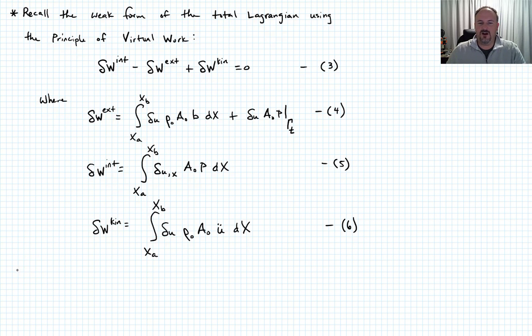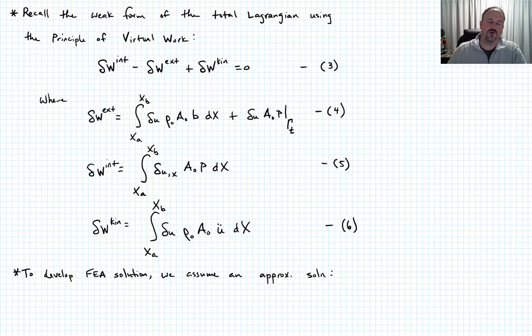So as we've done before, to develop the FEA solution, we're going to assume an approximate solution. Remember, we're solving for the displacement typically, so we're going to assume that our displacement approximation, u of x and t, is equal to our interpolation functions, which are functions of x, transposed, times u of t, where these are our nodal displacements.